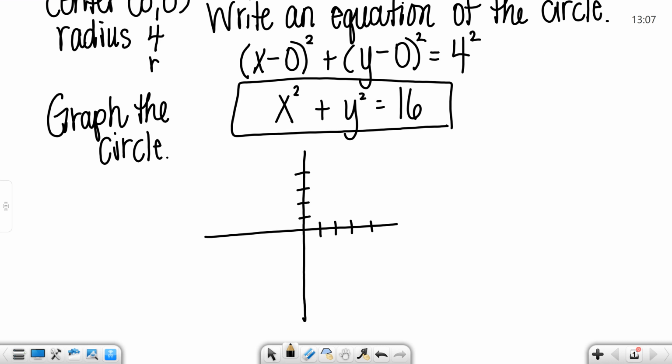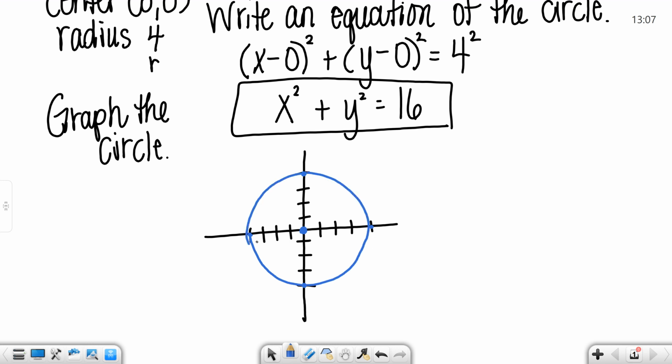So that means we're going to need to go 4 spaces in every direction. So our center is (0, 0). From our center, we count 4 spaces. Now, you cannot count diagonally, but you can count 4 spaces to the right, 4 to the left, 4 up, and 4 down.